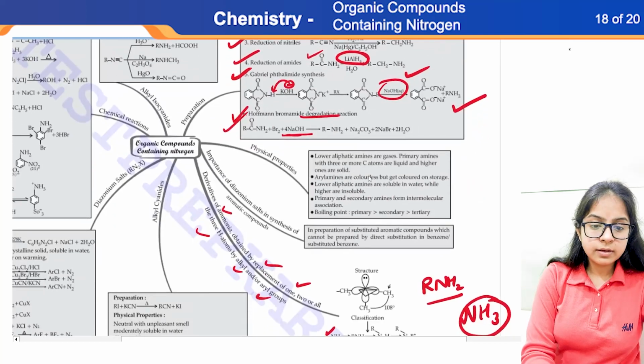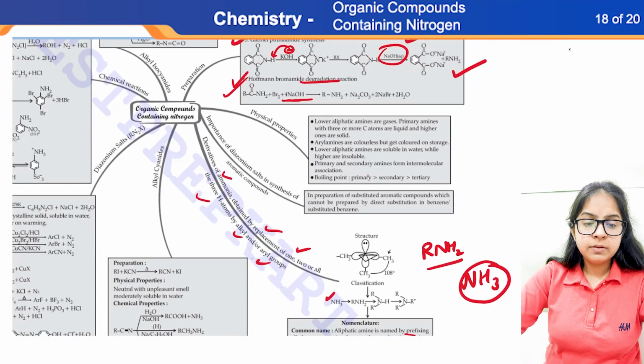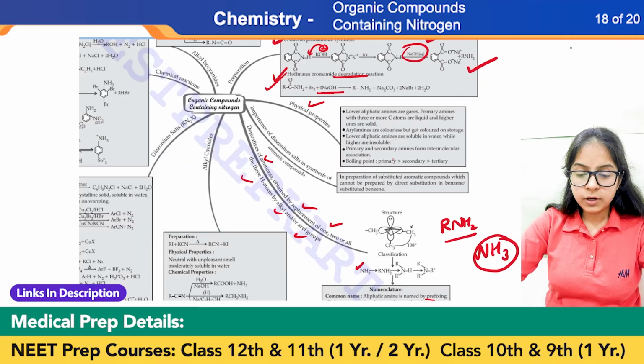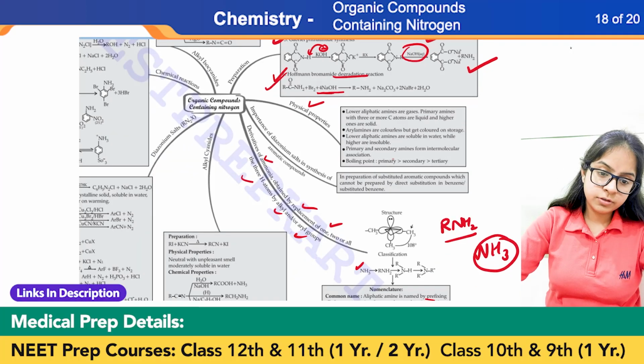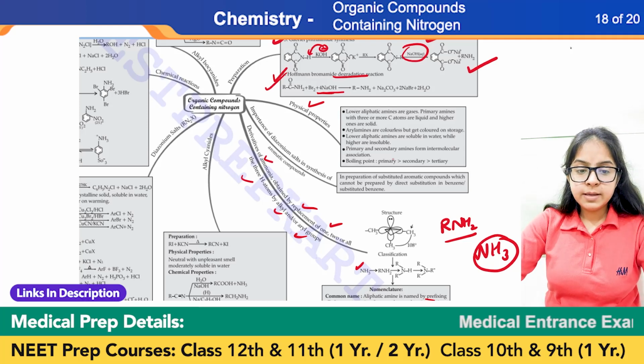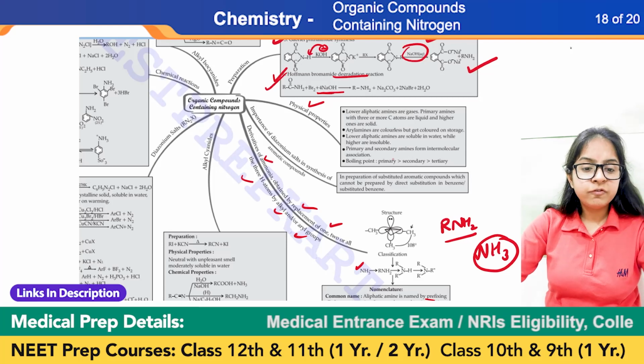Okay. Now the next one is physical properties. Physical properties that we can see easily, we can see the temperature, we can boil it for seeing the physical property. For example, lower aliphatic amines are gases. Why are they gases?